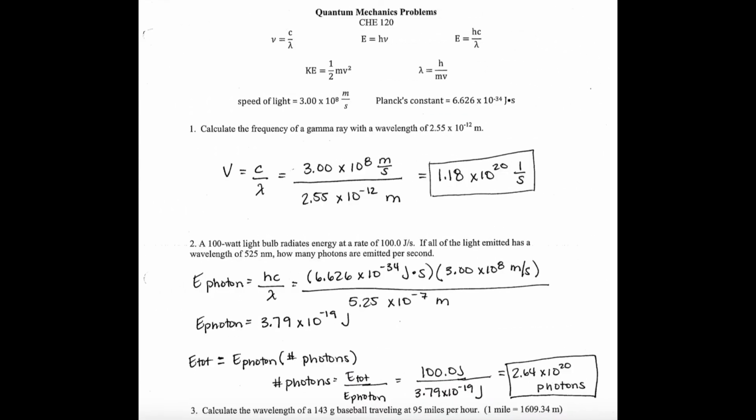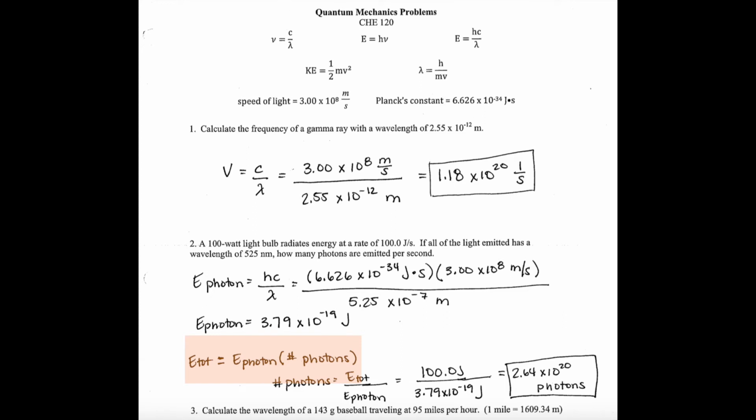With the light bulb, we have energy that's being radiated at a rate of 100 joules per second. So if we know that the energy of one photon is 3.79 times 10 to the negative 19th joules, we can use that information to get the total number of photons from the light bulb. The other equation that you need to know is the one that you see here, and that is that the total energy is equal to the energy of one photon, which we calculate from those equations up above, times the number of photons.